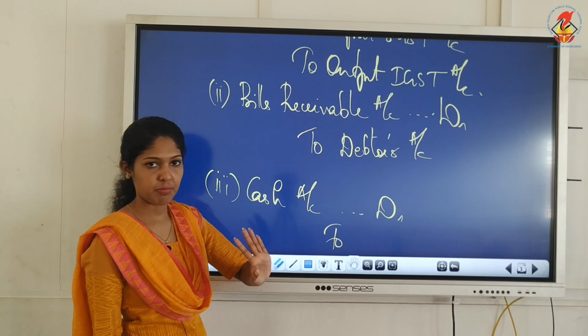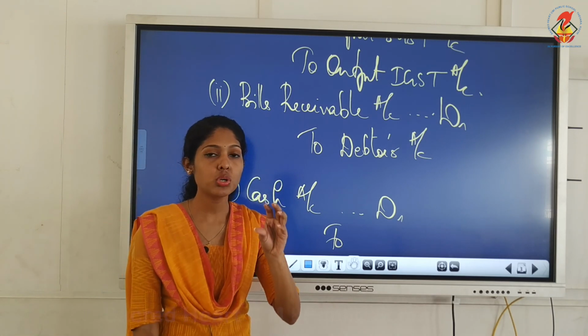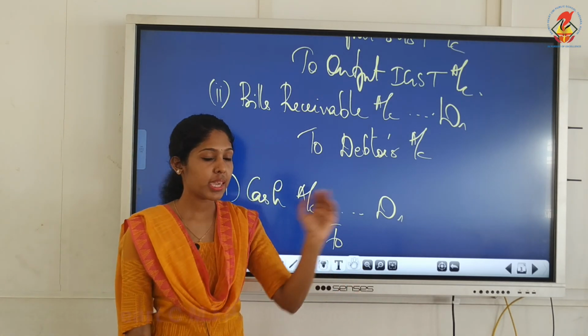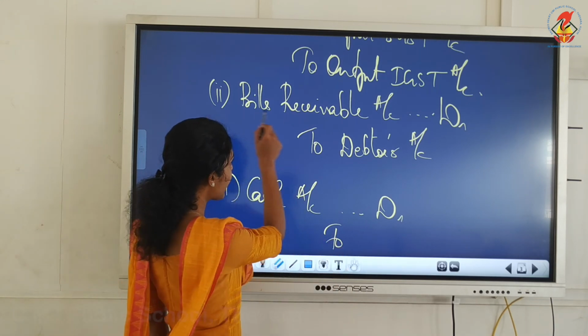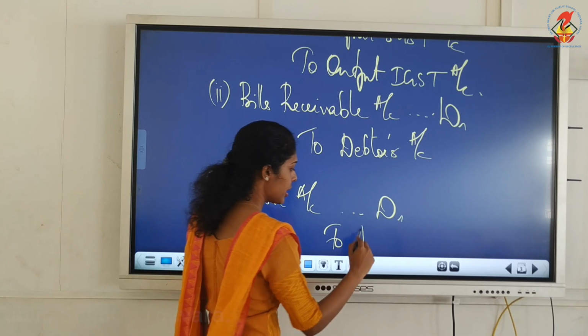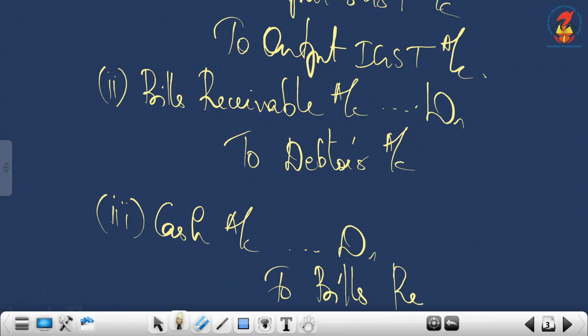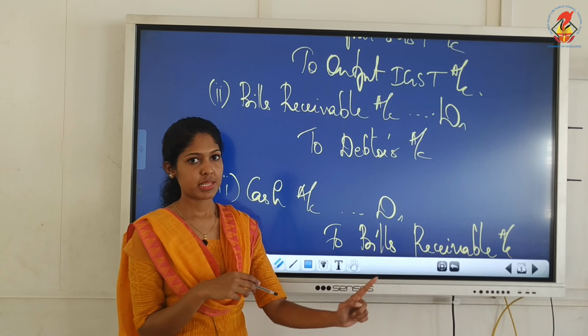Then we credited him. That means debtor's account got cancelled already. Now again you don't have to write debtor's name. What you have to cancel now is this bills receivable. Now we are getting the amount, so bills receivable will get cancelled. So when we get the amount, this is the entry: cash or bank account debtor to bills receivable.